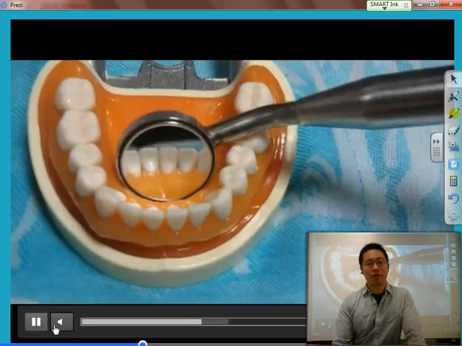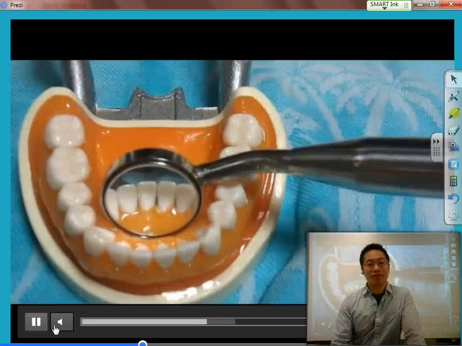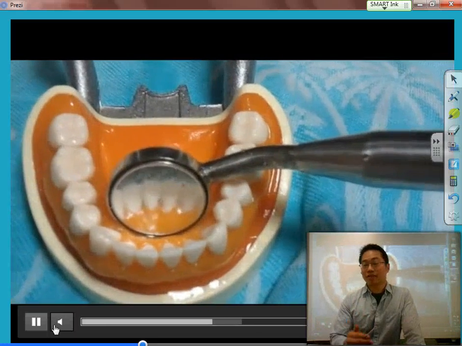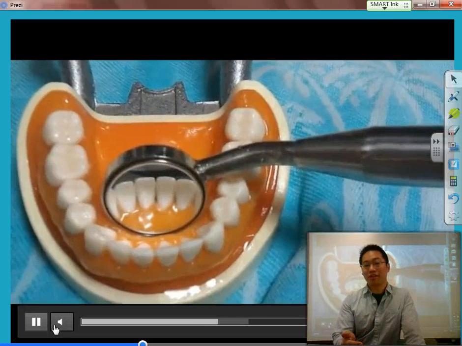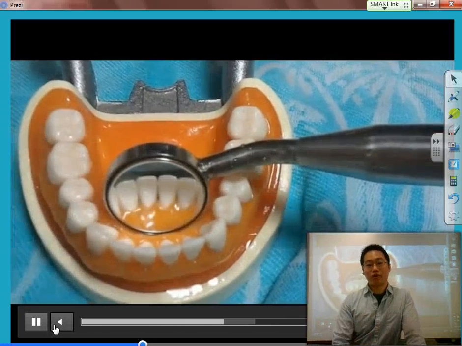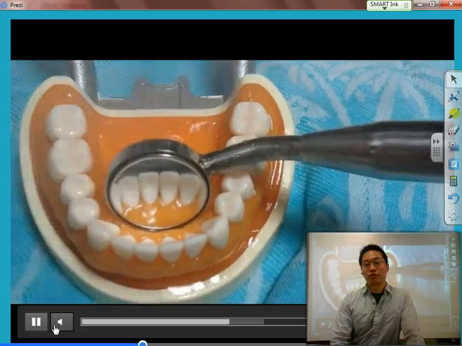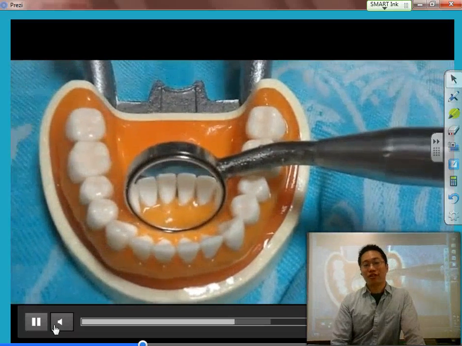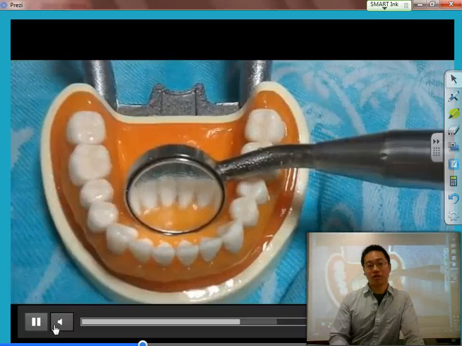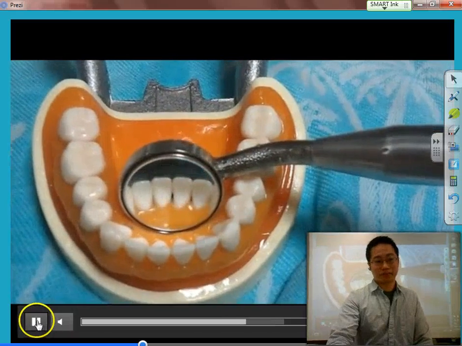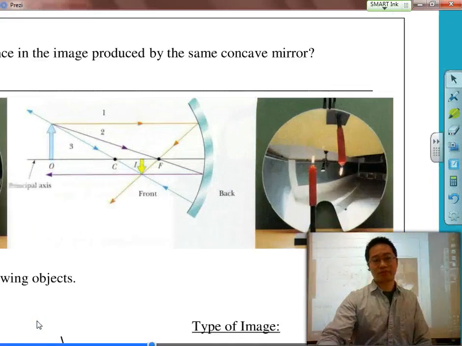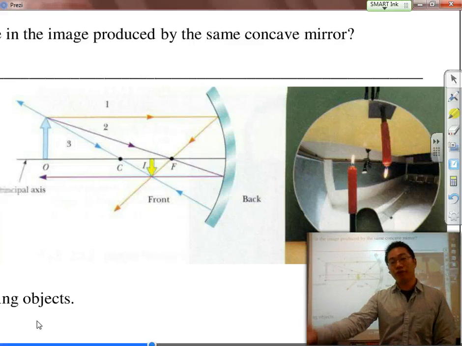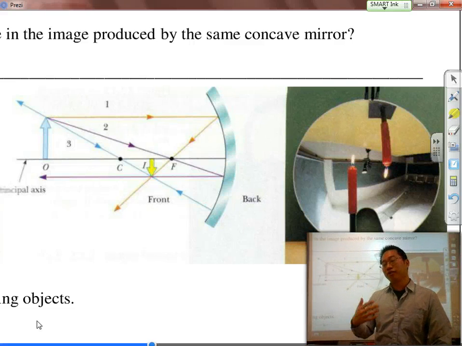So in this example over here, you can see that with the concave mirror, because it's held so close up, the teeth are inside the focal point, and it creates a virtual image. So whenever a doctor looks inside your mouth, he's getting an enlarged image of your teeth from behind. But of course, if you hold it further away, that's not what you see.